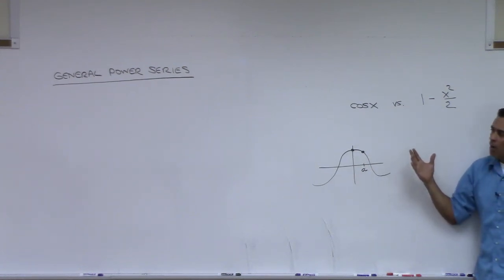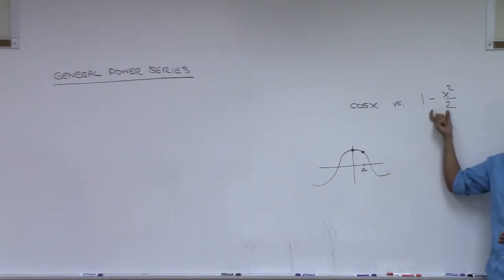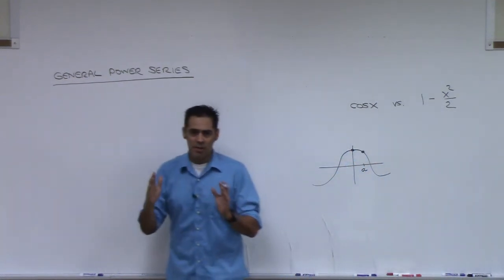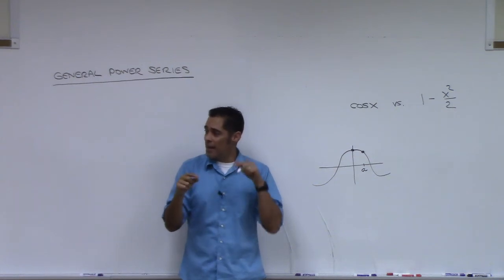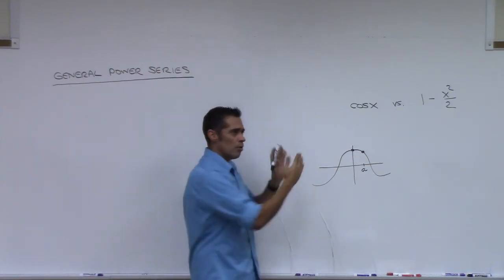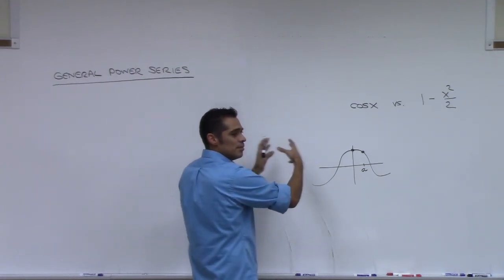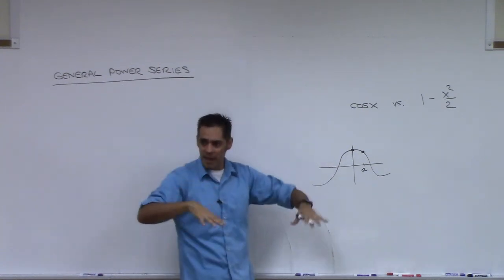What if I wanted to be there so that when I plug in a here, this thing approximates it? Because right now, if I get too far away from 0, it falls apart, right? Yes? Well, all I have to do is shift my approximation. And do you remember in algebra how we shift functions left and right? We either add or subtract a inside the function, right? And it worked like if you add a inside the function, it moves it which way? Left, but if you subtract a, it moves it right. Inside the function. If you add a number on the outside, it moves it up and down.